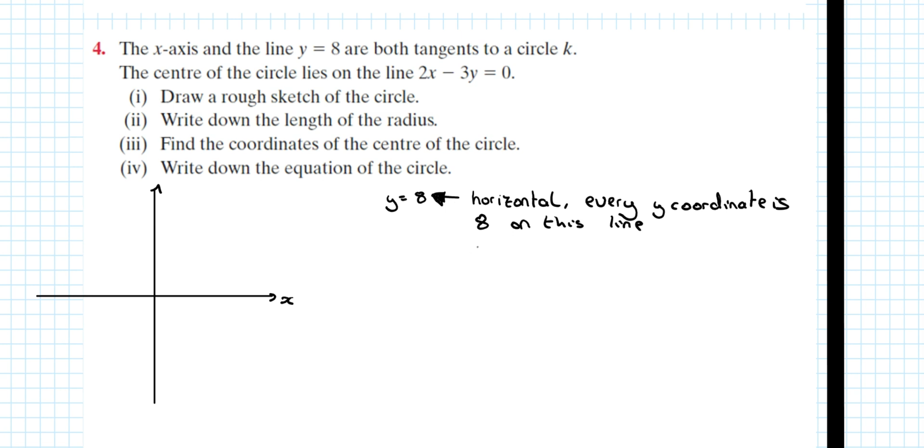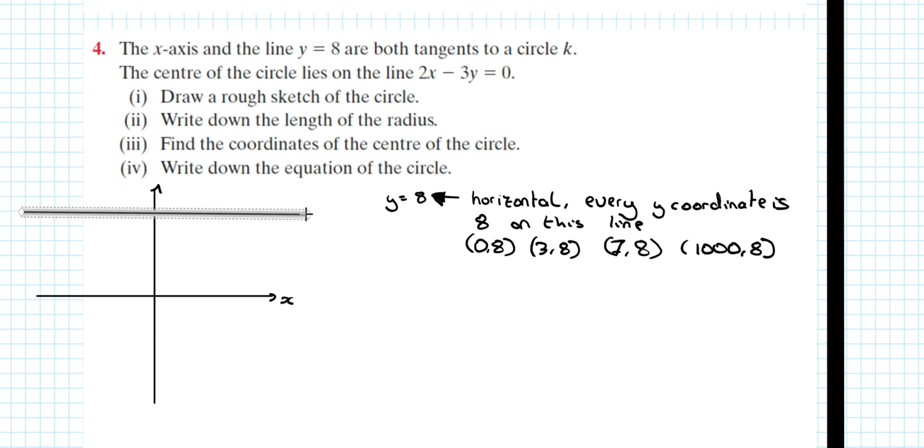So it contains the point 0, 8, 3, 8, 7, 8, 1,000, 8. So it's a horizontal line, and it looks like that. And I know this value here is 0, and this value here is 8.